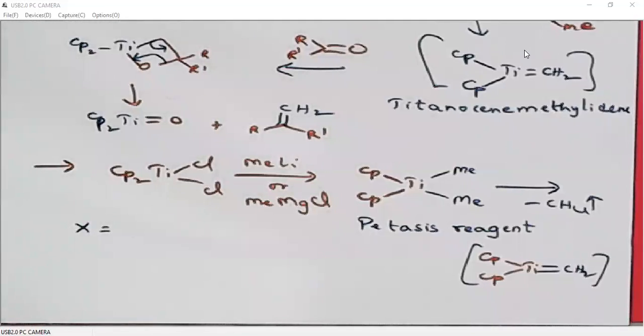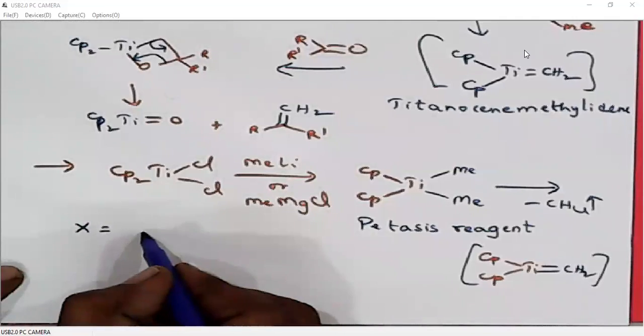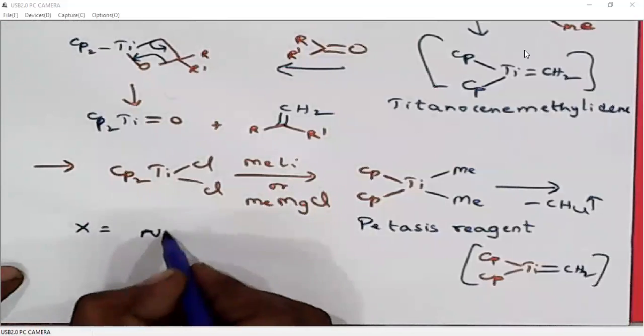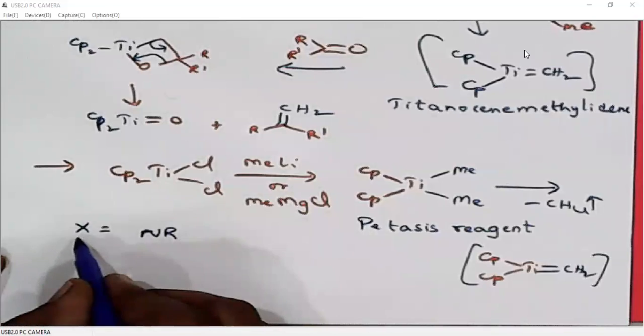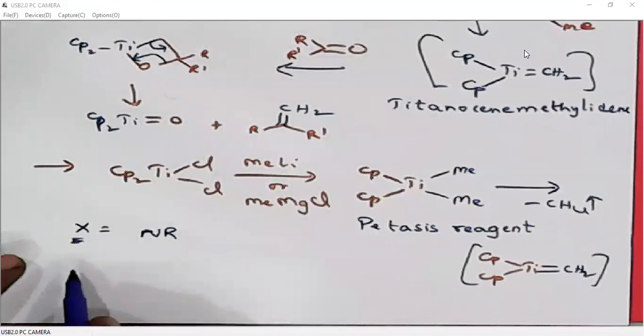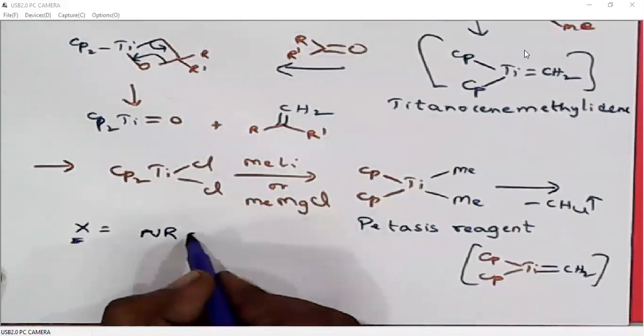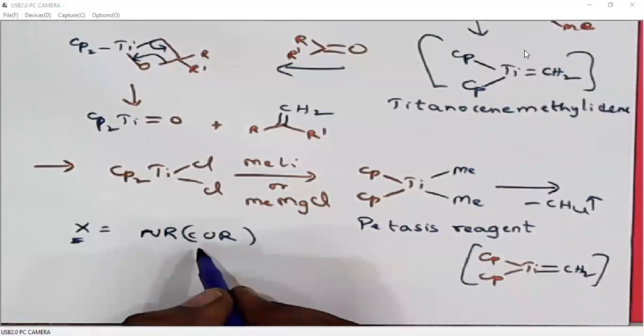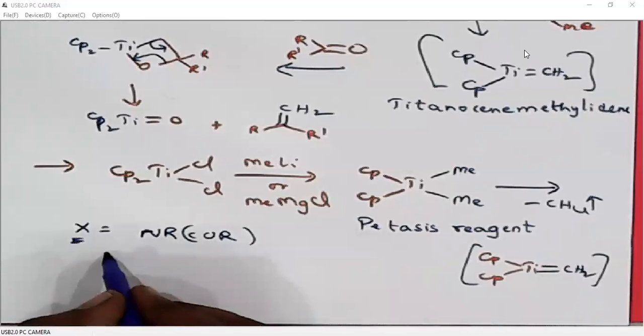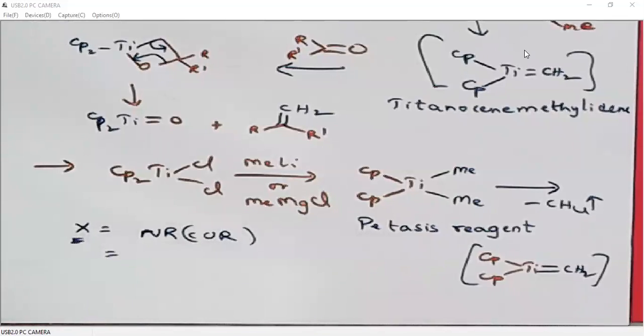In addition to the functional groups which will undergo olefination, Petasis reagent covers even some more functional groups. For example, if you have an amide with a withdrawing group, Petasis reagent will convert that carbonyl into olefin.